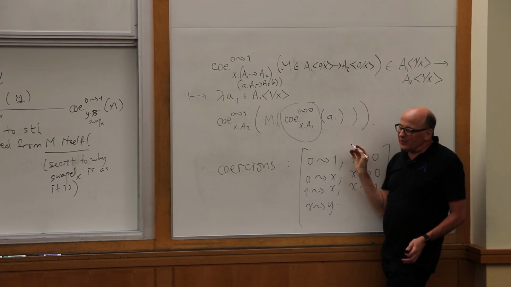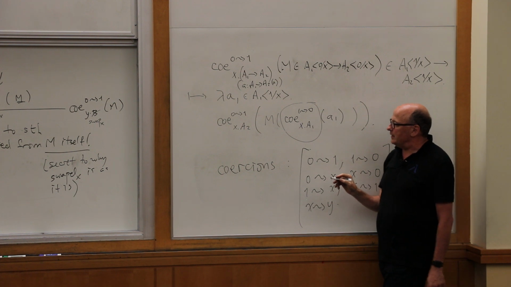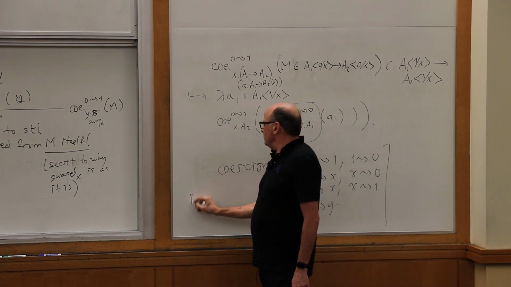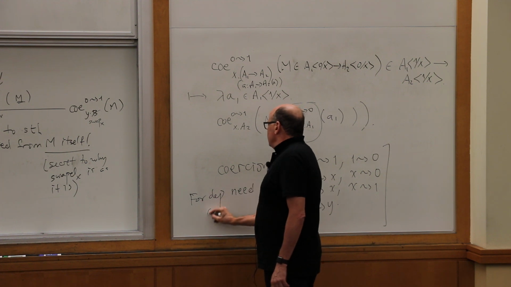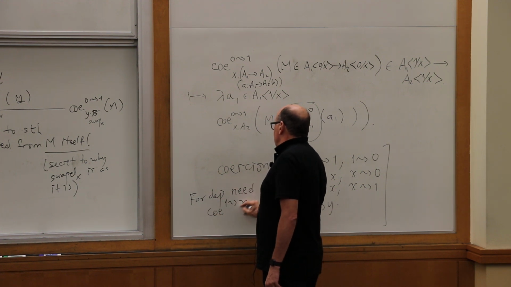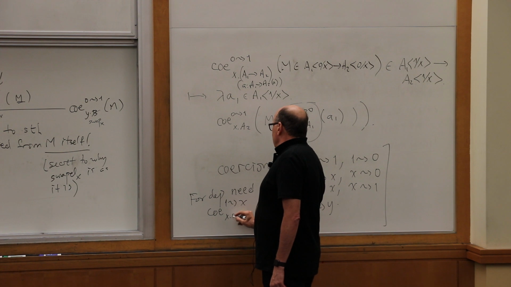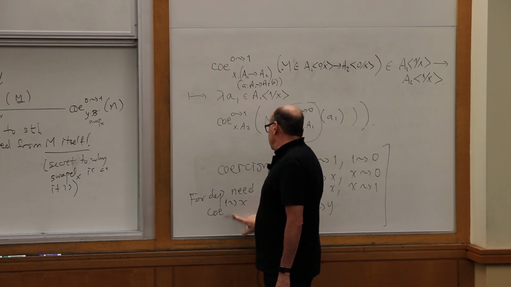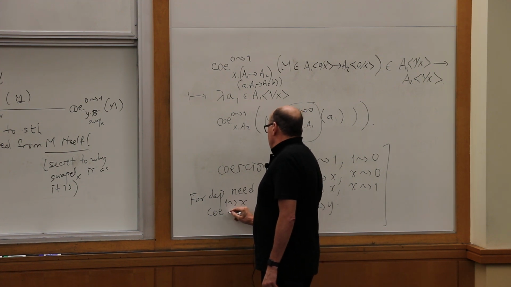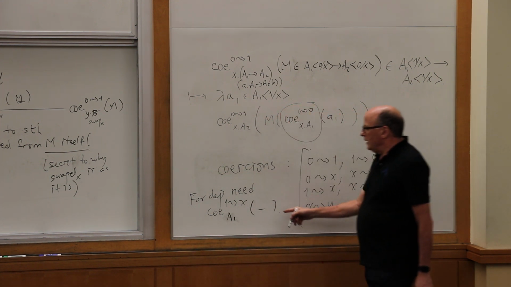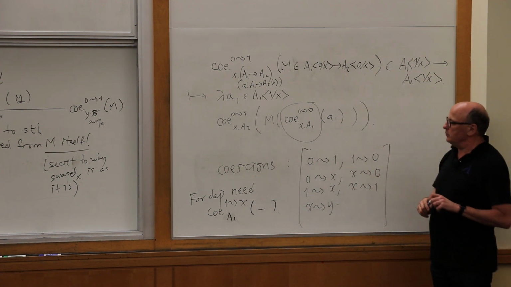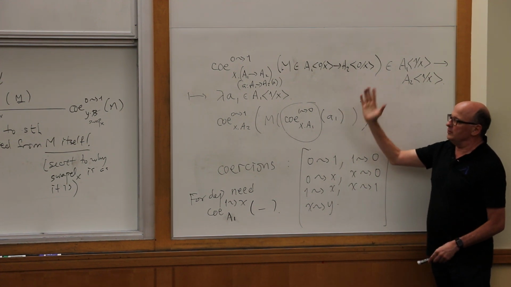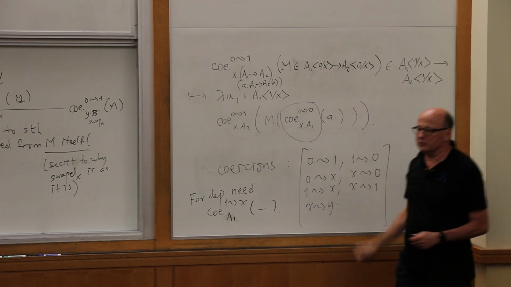And now you have to figure out how to recover for that. The trick is, for dependency, you need this idea of CoE1 to X, which is in A1 of something. Maybe with that hint and a picture of what such a CoE looks like, you might be able to at least formally guess what this is, but you can look it up in the paper.